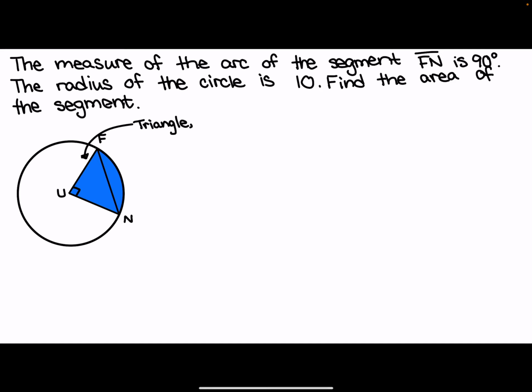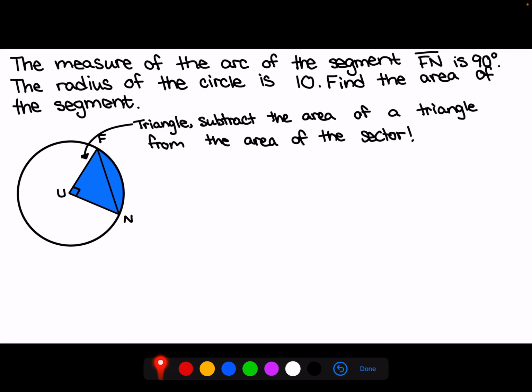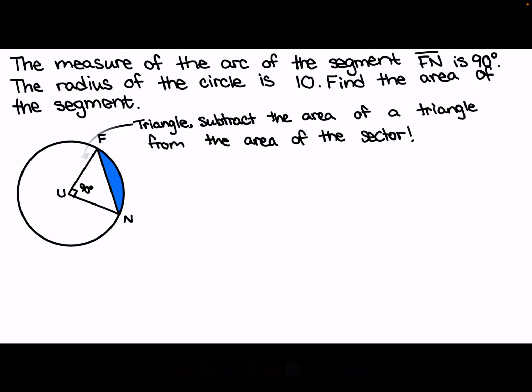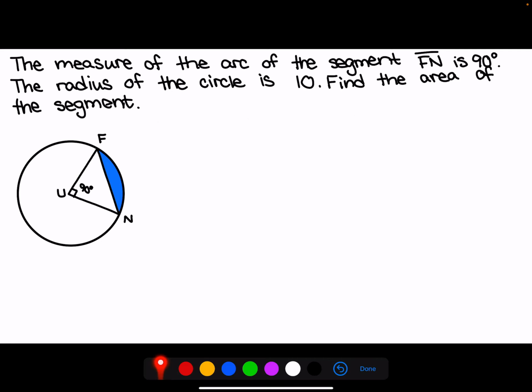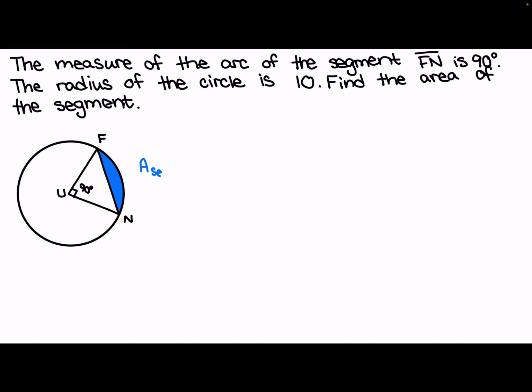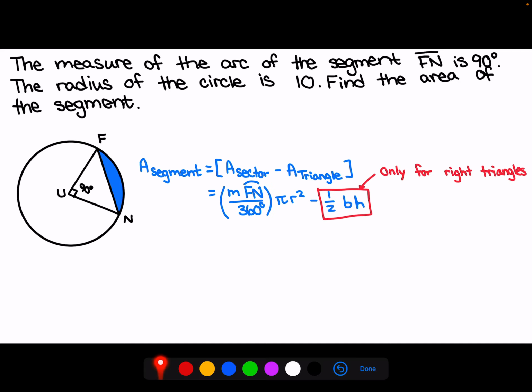So again, if I subtract the triangle from the area of the sector, then I'm just left with the area of the segment, as we can see here. At this point, we can go ahead and plug it into a new formula for us. The area of a segment is equal to the arc divided by 360 times pi r squared minus the area of a triangle.